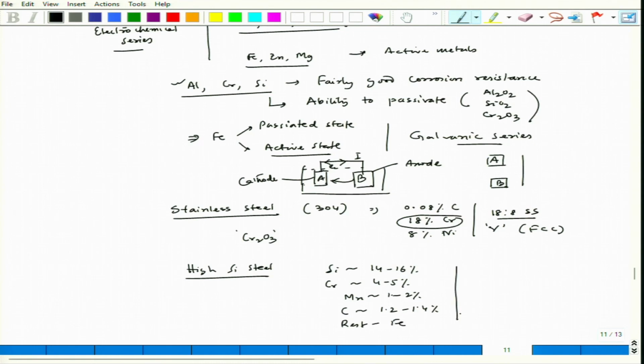This steel does not have much ductility, but it has a very high degree of corrosion resistance.